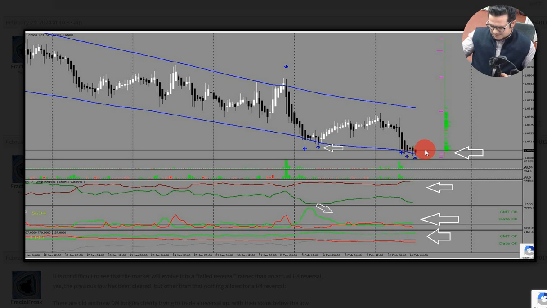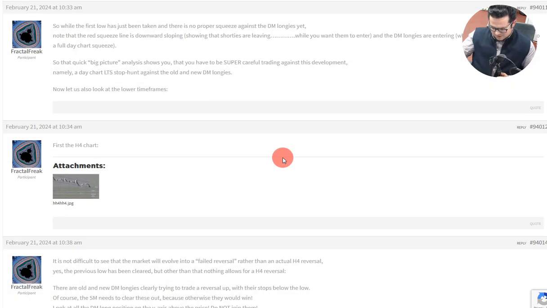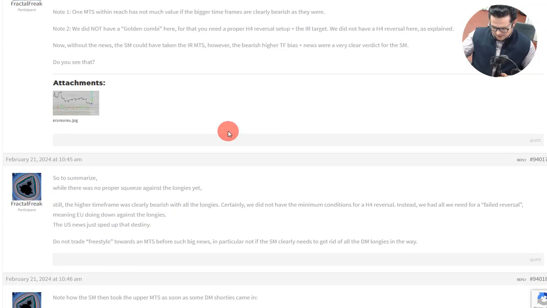So it doesn't make sense for the algos to allow the price to go up, because then those longies would win. Instead, they want to push down. We also see the long-term stops within reach just below the price, so it's very clearly bearish. Even the squeeze indicators show you that overall we have more longies than shorties. And even though we don't have a strong squeeze, it's clear that we have a bearish outlook also on the 4-hour chart.